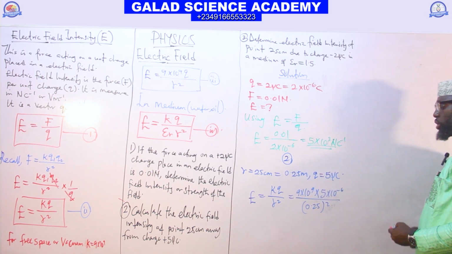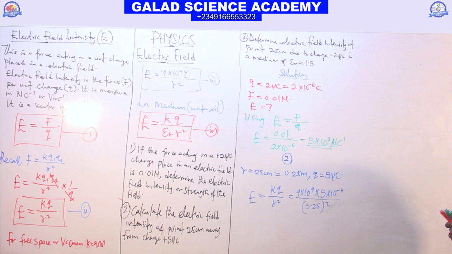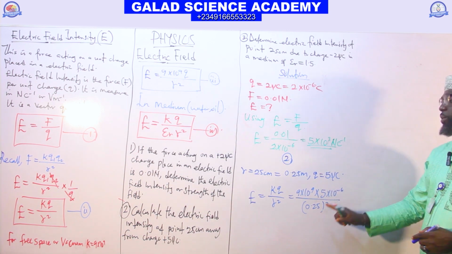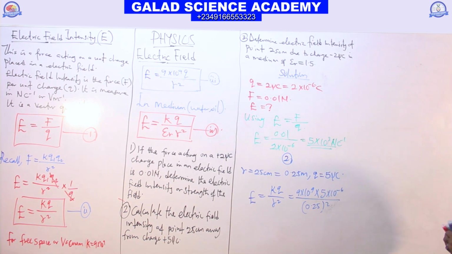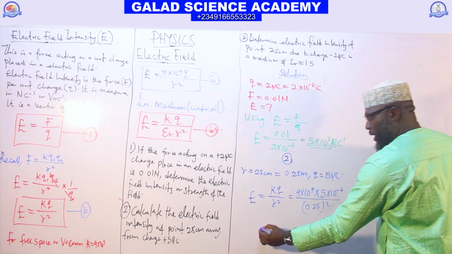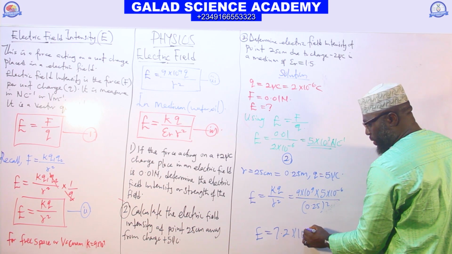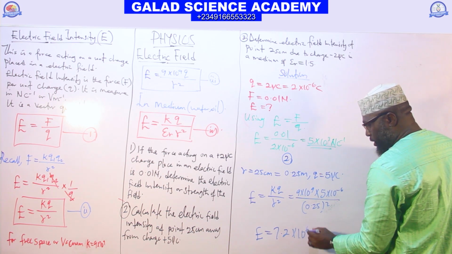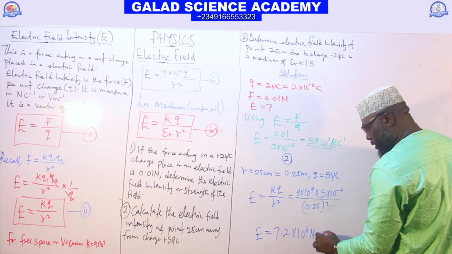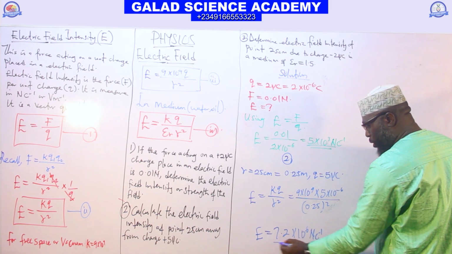By applying the calculator, we end up with 7.2 times 10 to the power 6. So electric field intensity will be 7.2 times 10 raised to the power 6 Newton per coulomb.